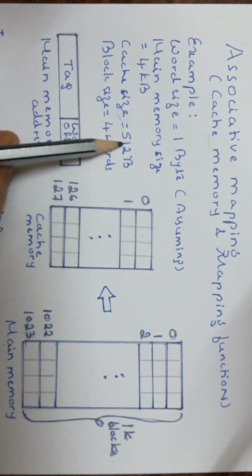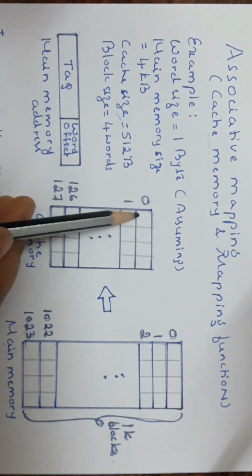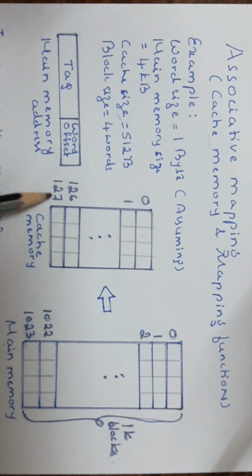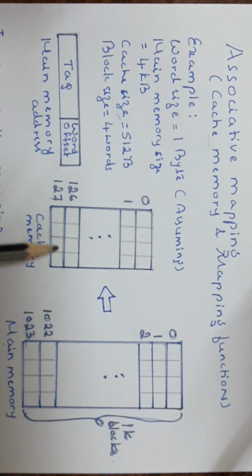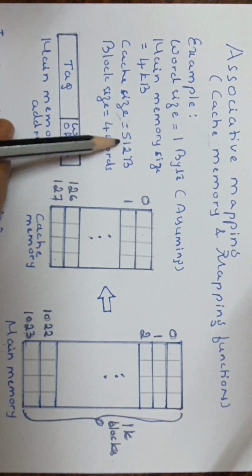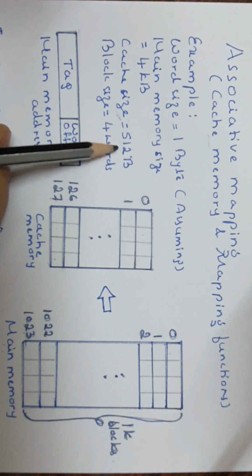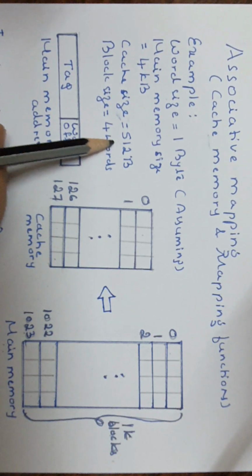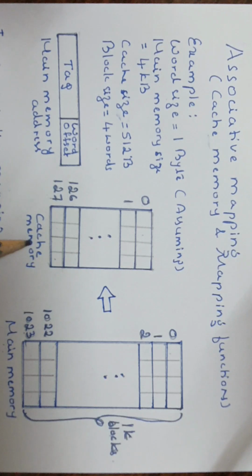So 512 divided by 4 is 128 blocks, each with 4 words. Hence 128 into 4 equals 512 bytes. That is the cache memory.